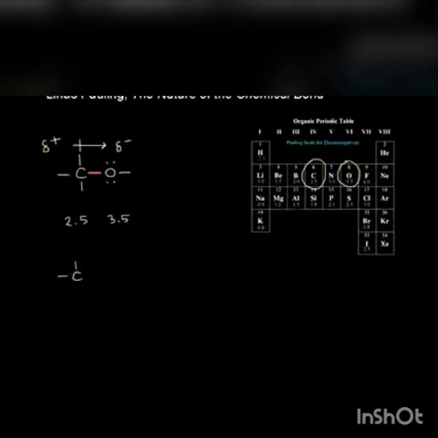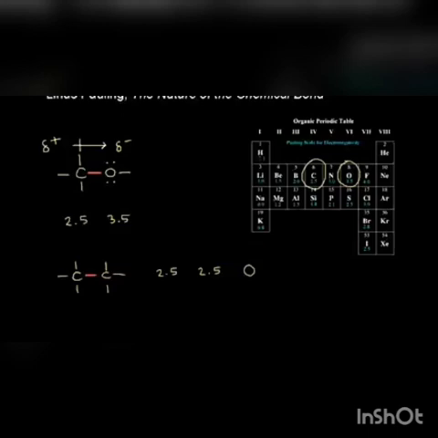So if we're thinking about a molecule that has two carbons in it, and I'm thinking about what happens to the electrons in red, well, for this example, each carbon has the same value for electronegativity, right? So the carbon on the left has a value of 2.5, the carbon on the right has a value of 2.5. That's a difference in electronegativity of 0, which means that the electrons in red aren't going to move towards one carbon or towards the other carbon.